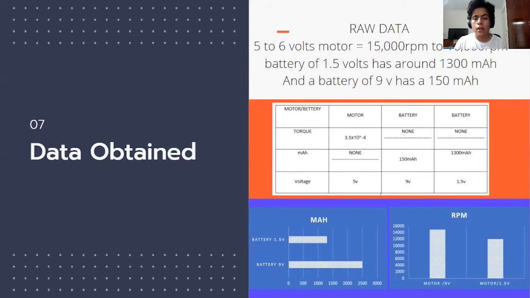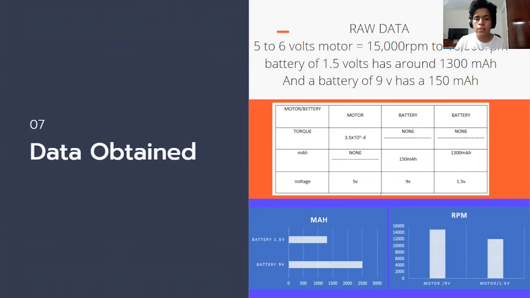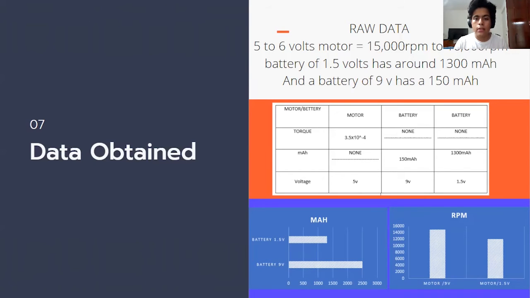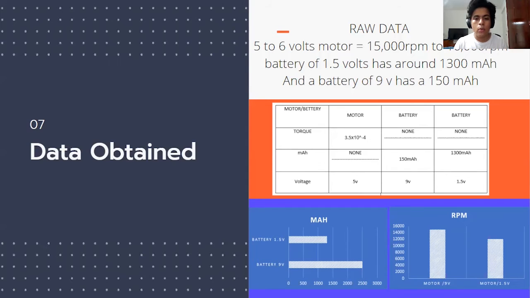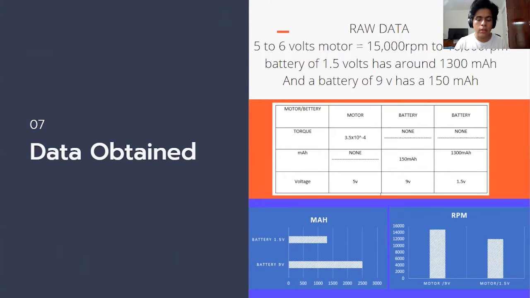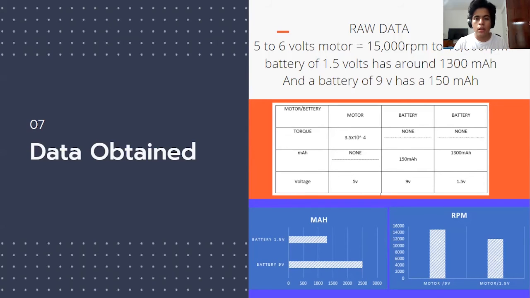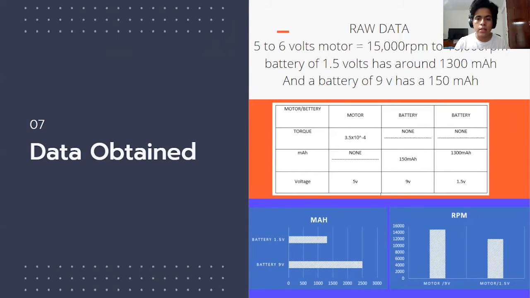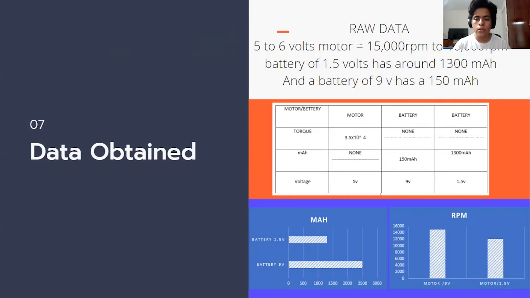In the second one, I have this compilation of the data in this kind of box, where I can see better data, and where I also introduce a torque that I will explain later. Here we can see how I now have the torque of the motor.